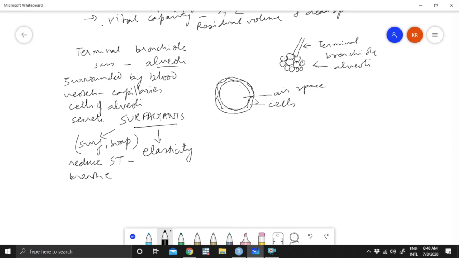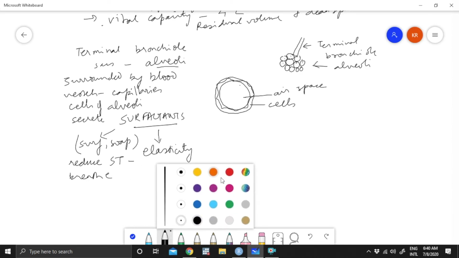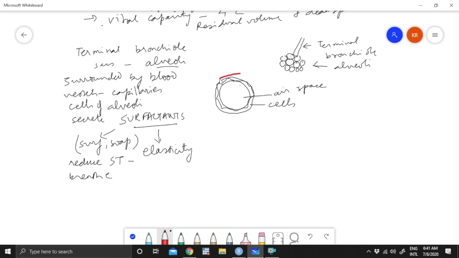And each alveolus will be spherical like this with an air space inside, and they are richly supplied here by blood vessels. I am just showing this like a circle. So these are all the blood vessels. This is not just one blood vessel, but capillaries are there, completely capillarized.